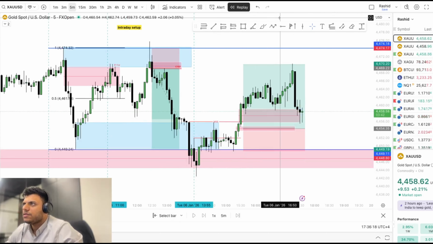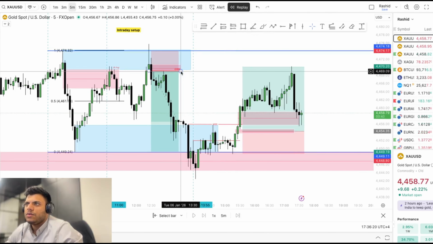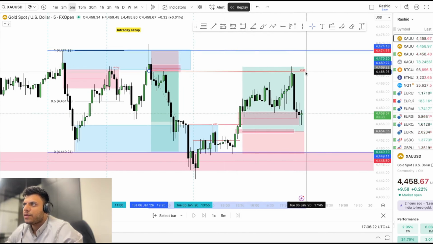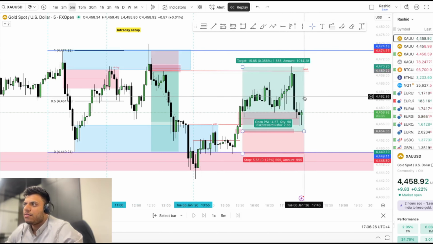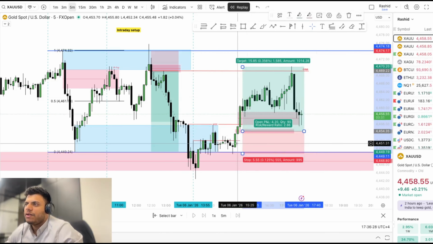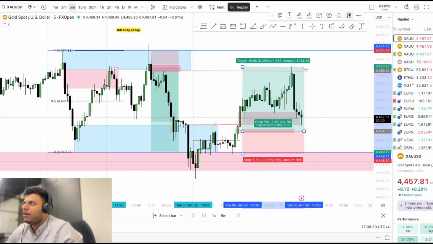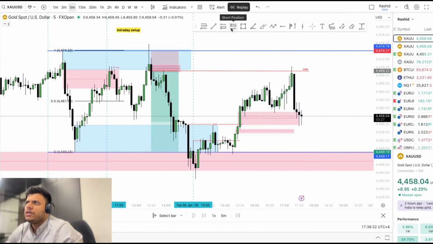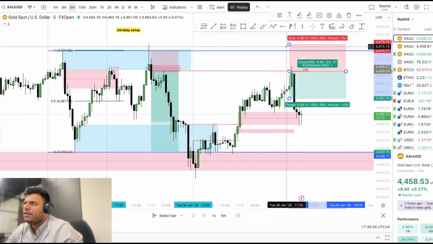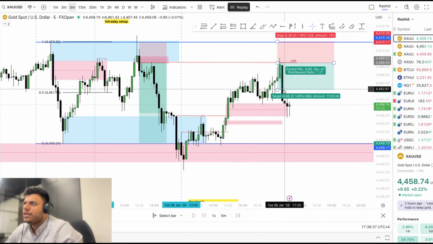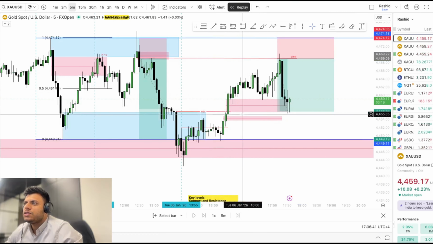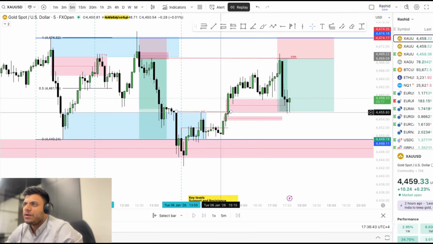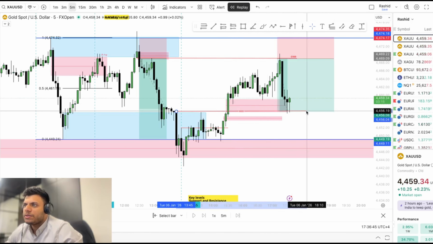So from here you can see exactly, we haven't got anything that came for our level, so I'm not taking that. Here you see a short position again, the same setup played out to this liquidity level where we got this MSS.